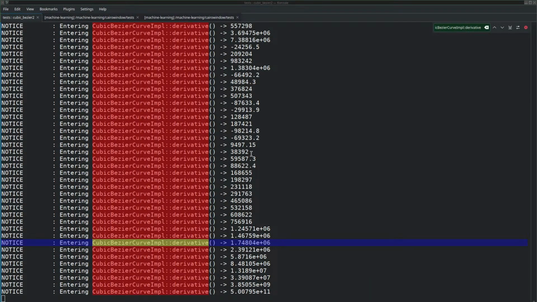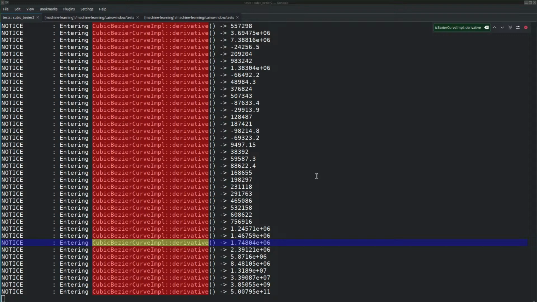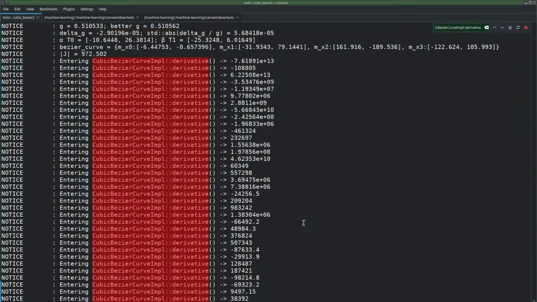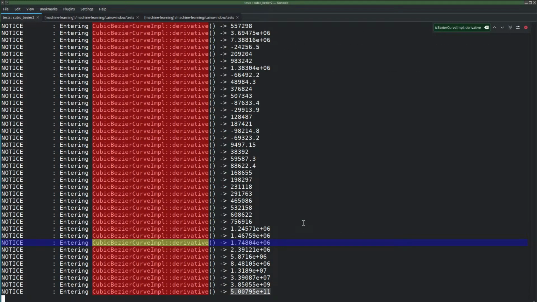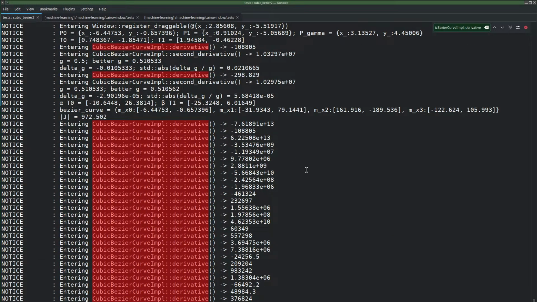No, it's calculating stuff. And you get a vertical line. Great. So the thing goes to very, very high values. I probably should just draw the logarithm of this.